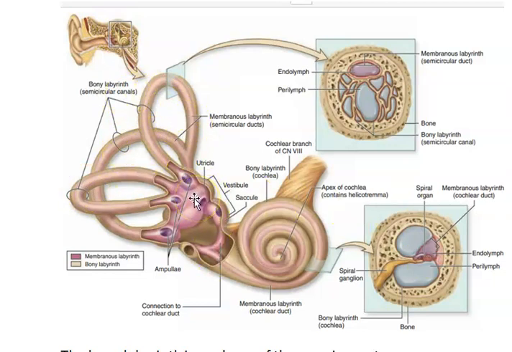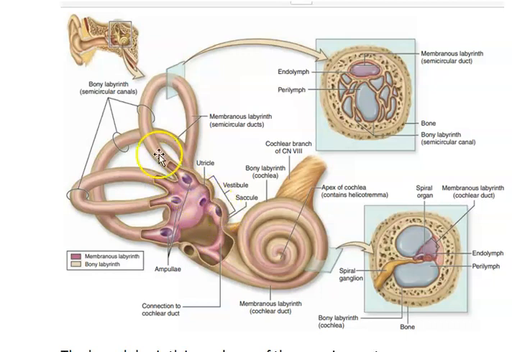Now, we are saying that it is made up of two major structures. What are those structures? We have this brown part, this outer brown structure, which is known as the bony labyrinth. Then it is housing this structure inside, this pinky structure, denoted by the pink color.